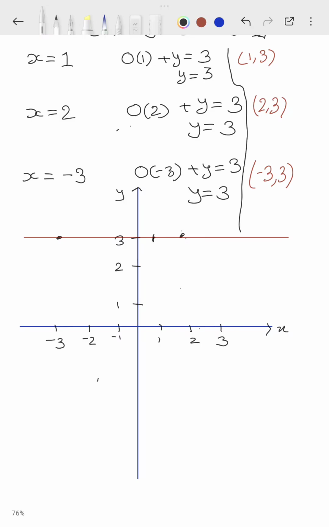Here it is 1, 3; 2, 3; and minus 3, 3. So this is the representation of y is equal to 3 in 2 variables, and this is a graph that is parallel to the x-axis. Hope you understood the solution well.